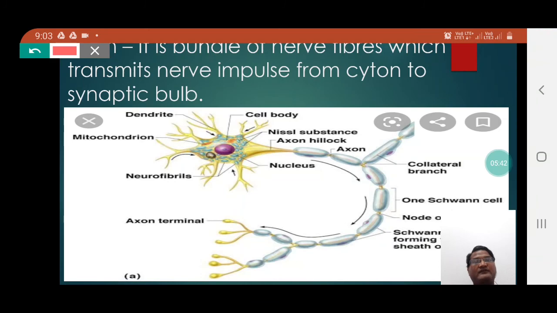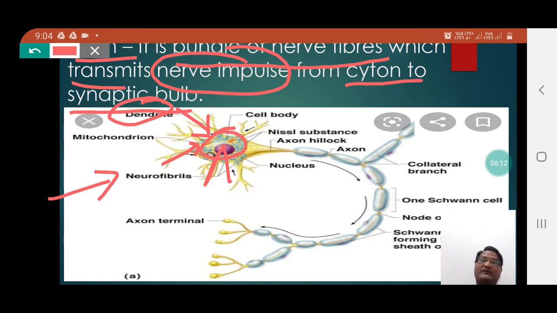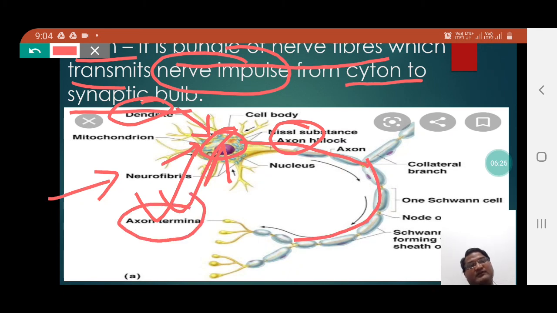Students, this concept we can understand with the help of this picture, where we can see that dendrites are present and which will further carry the sensory impulses to the cyton, where in the presence of the nucleus this will be summed up, and further the axon will carry the sensory impulses from the cyton to the synaptic terminal, which is present here at the distal end of the nerve cell.